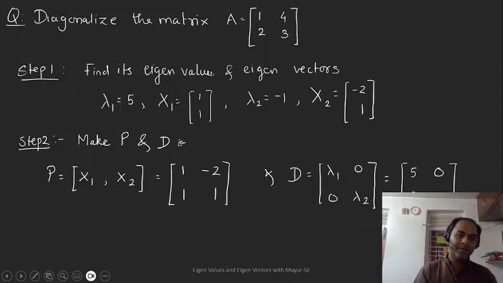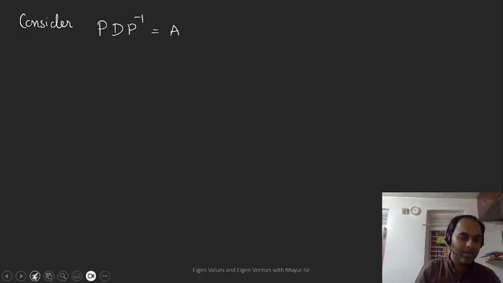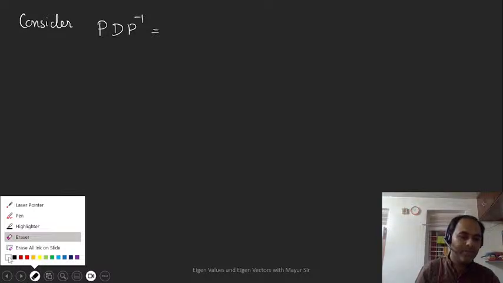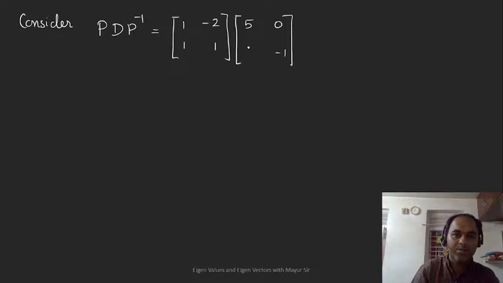Whenever this is asked, we have to show PDP inverse equals A. So we write down: consider PDP inverse, and then we write down the matrices: 1 1, the eigenvector here is -2 1, the matrix here is 5, -1, 0 0, and then the inverse.